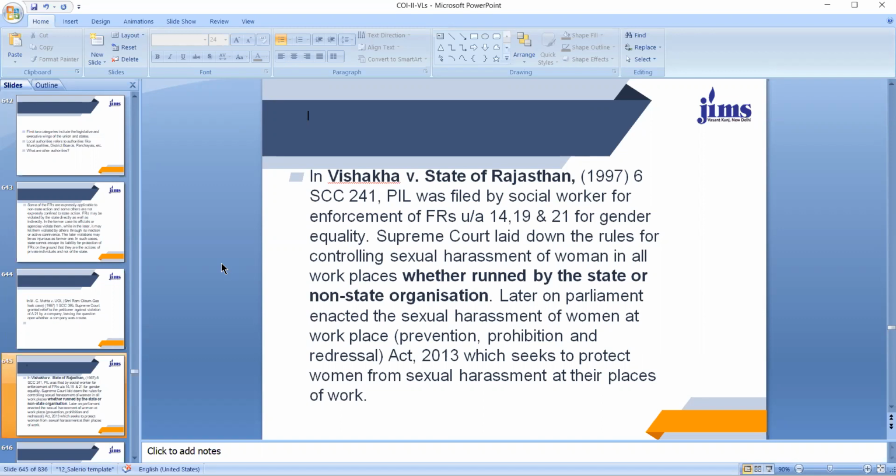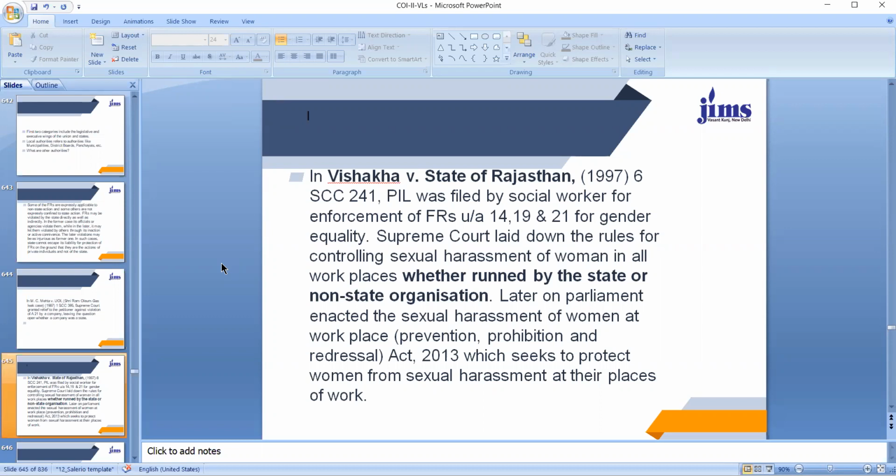Supreme Court covered the workplaces, whether they were run by the state government or by the non-state organization. If a workplace is organized by a private person or by an NGO, still the guidelines of Vishakha versus State of Rajasthan will apply to that organization, whether it is run by the state or non-state organization.